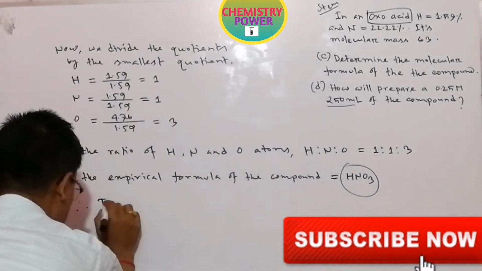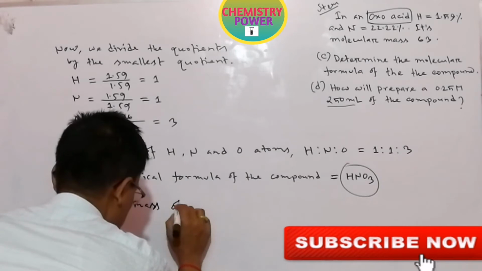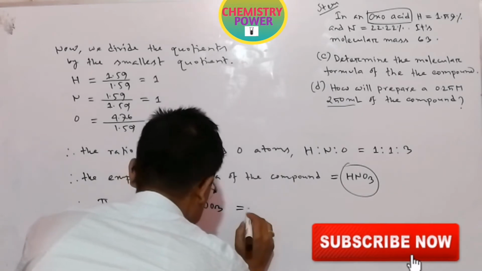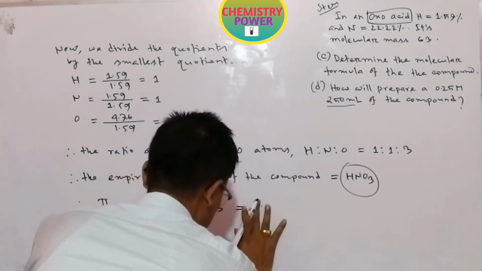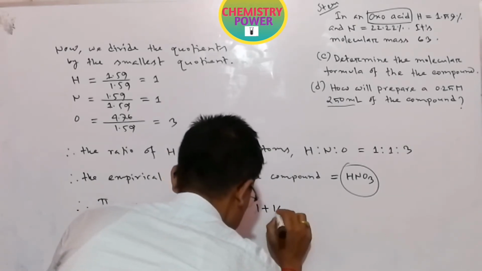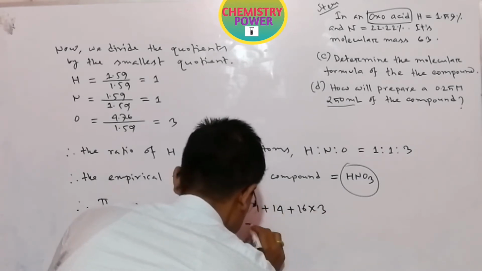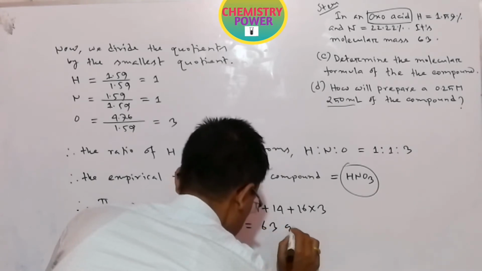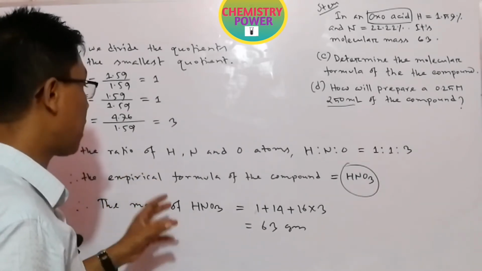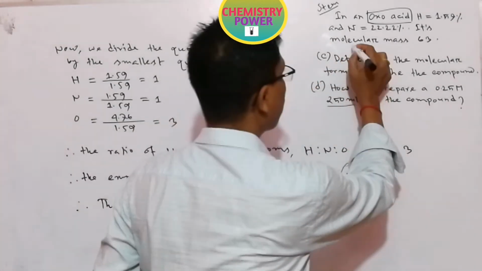So the mass of nitric acid is 1 plus 14 plus 16 times 3, that means 63 gram. So we can see that the mass of the empirical formula of nitric acid is 63, which is equal to the molecular mass.